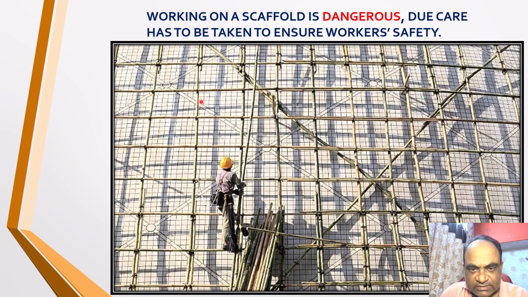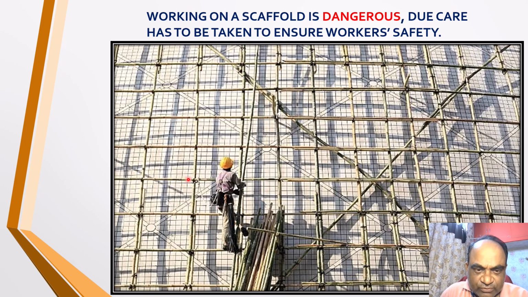As you can see, there is a bamboo scaffold, and somebody is working on it. It is difficult to work on this type of scaffold, and as you can see, this worker is wearing a full body harness, and he is supported by this harness.